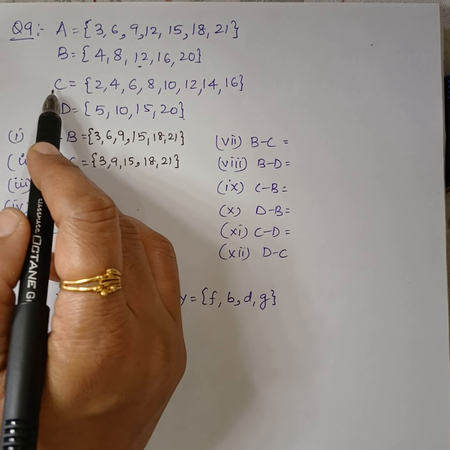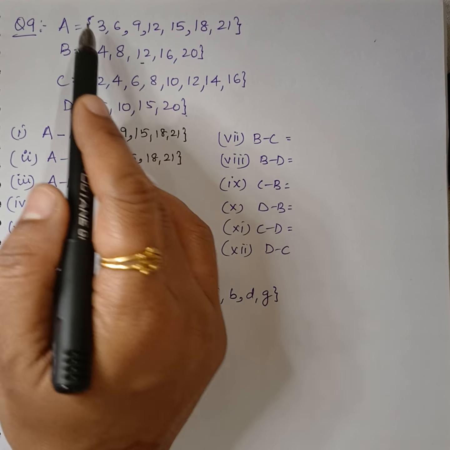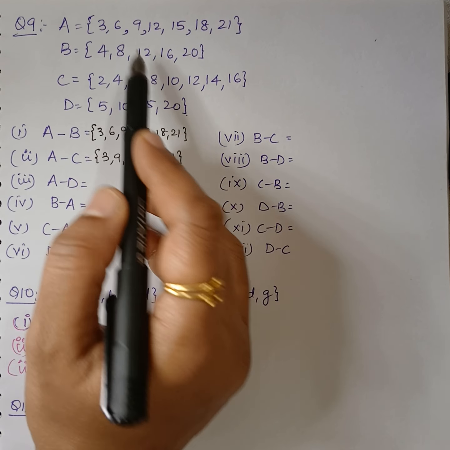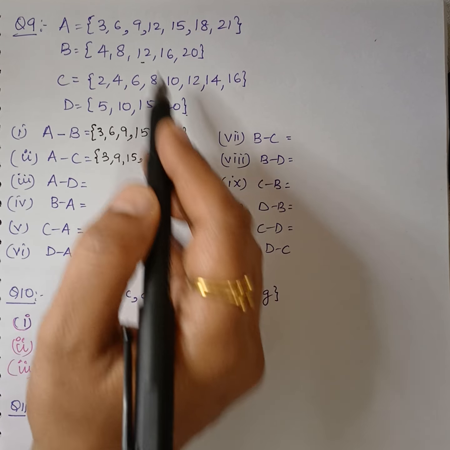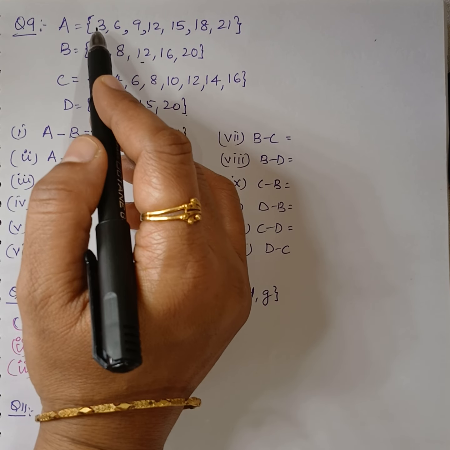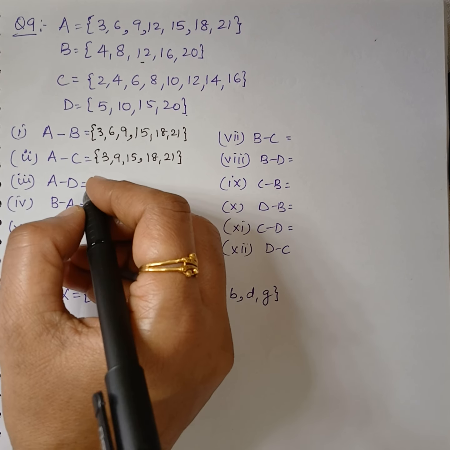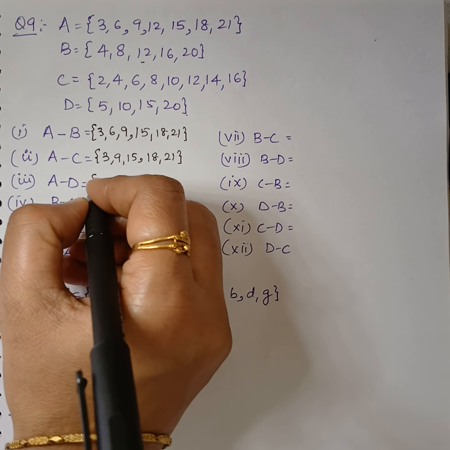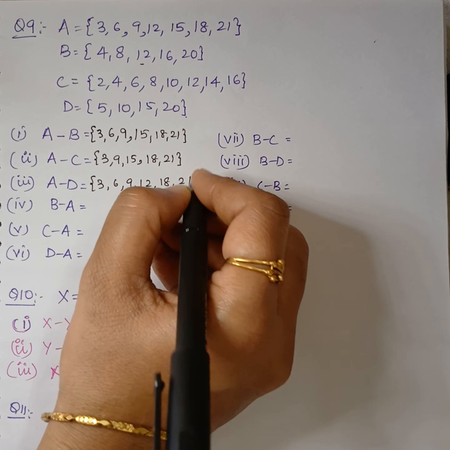From A, I have removed the elements of C which are there in A. It was 6 and 12. So I have removed 6 and 12 from A and I have written all other elements 3, 9, 15, 18, 21. Likewise, A minus D will be 3, 6, 9, 12, 18, 21.